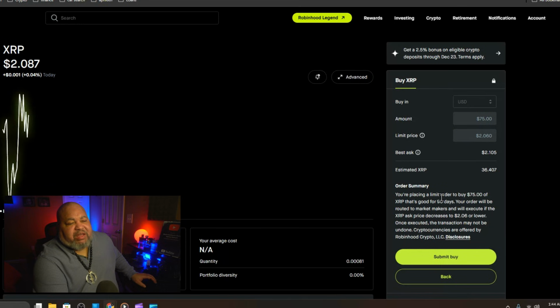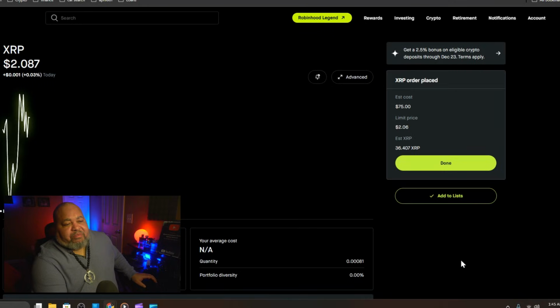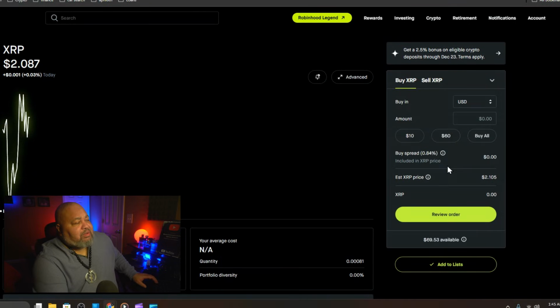You're placing a $75 limit order on XRP that's good for 90 days. Your order will be routed to the market makers and will execute if the XRP price decreases to that lower price. Once executed, the transaction may not be undone. Let's go ahead and submit the buy order, and just make sure that you have your funds in the account, and hit done.